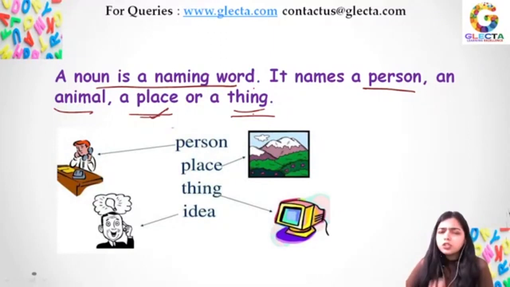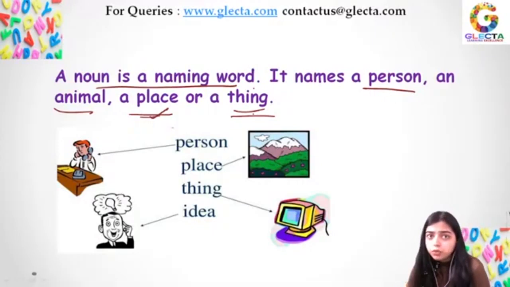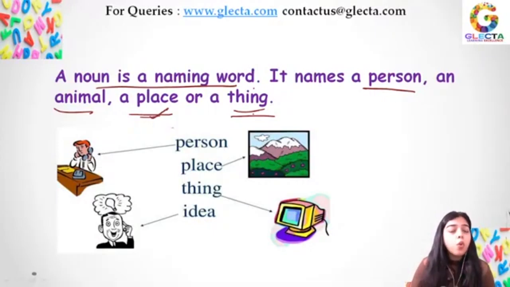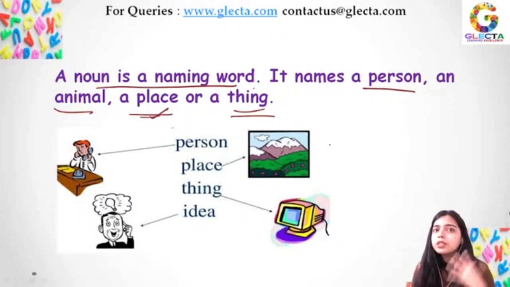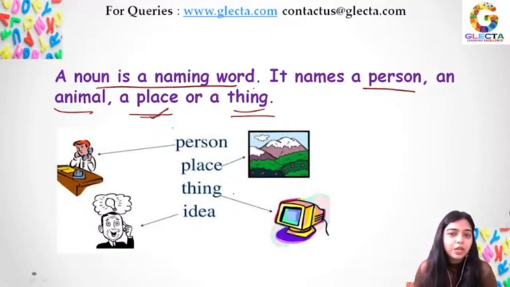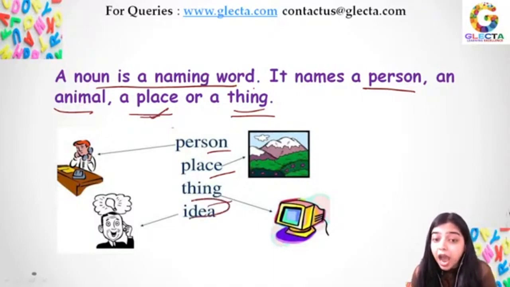Now, in order to know more about nouns, we must understand what are the types of nouns. Just let us discuss this very image that we see, and then let's move forward to knowing so many interesting types of nouns. Giving you a recap of what we had discussed. Noun names a person, place, thing, an animal also, and an idea.